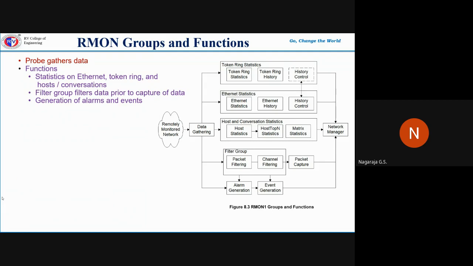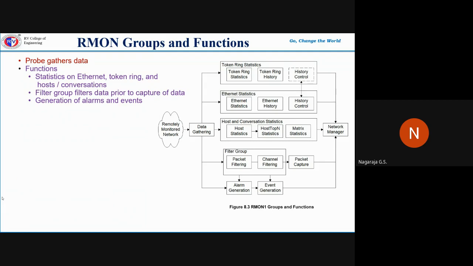You can write this block diagram of the RMON groups and the functions of each one. You need to write it very clearly. Token ring statistics and Ethernet statistics are in one group. And host and conversation statistics, where you need to expand. Then host top 10 and matrix statistics.